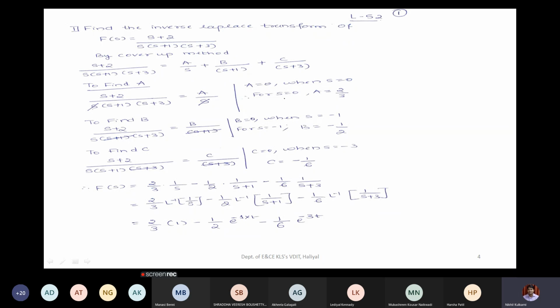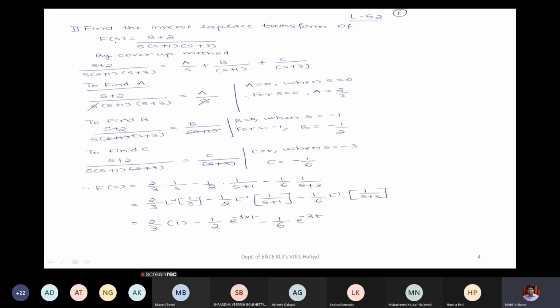First, if you look at the given function F of s, you have to determine whether it is linear, linear repetitive, quadratic repetitive, or linear distinct. Which kind of equation is it?